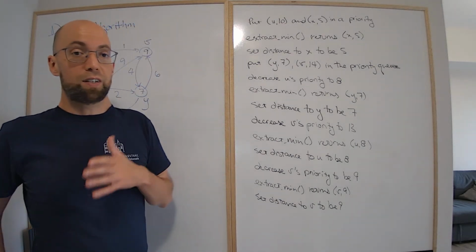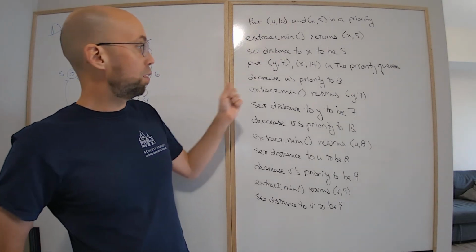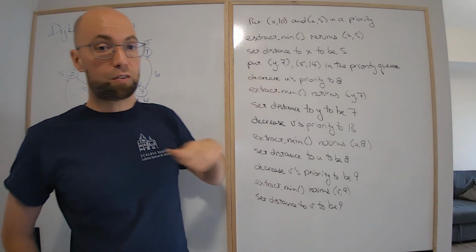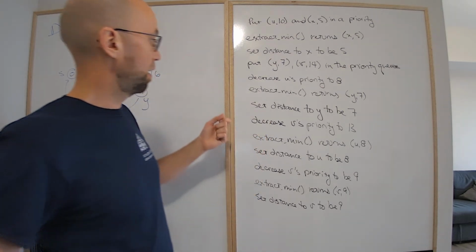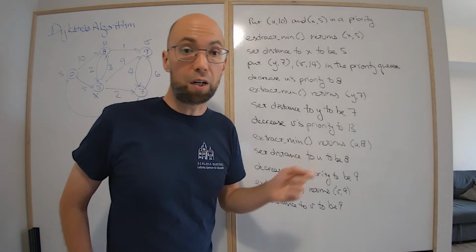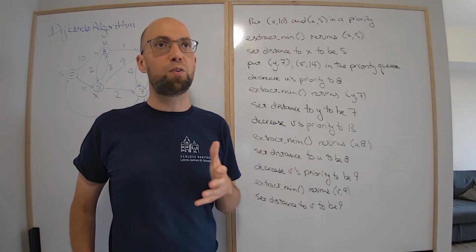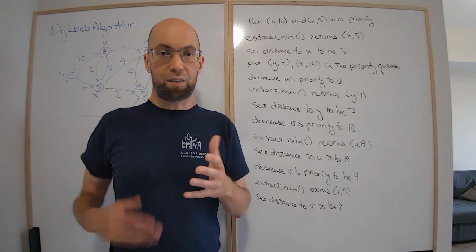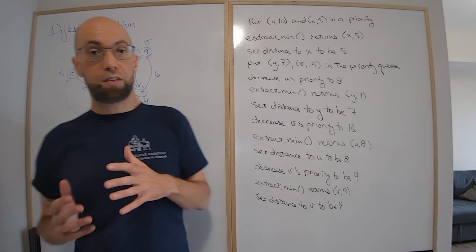So you're going to have an extract min for every vertex, and a decrease priority for every edge. With a normal priority queue, extract min takes logarithmic time, and decrease priority takes logarithmic time.